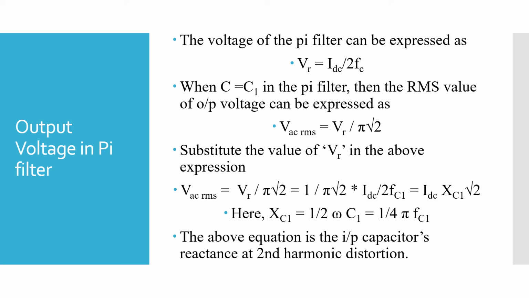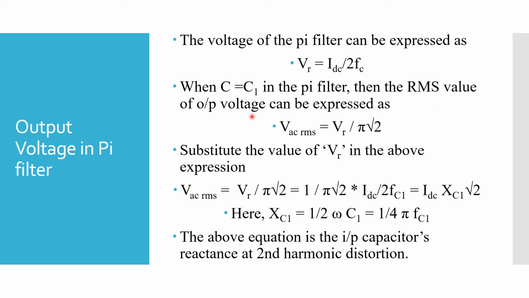This is due to the decreased output voltage by the increase in the flow of current through the load. So, the ripple voltage of the pi filter can be expressed as VR is equal to IDC by 2FC, where C is equal to C1 in the pi filter.